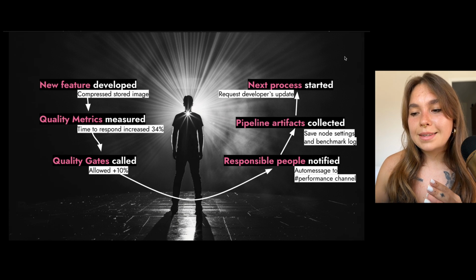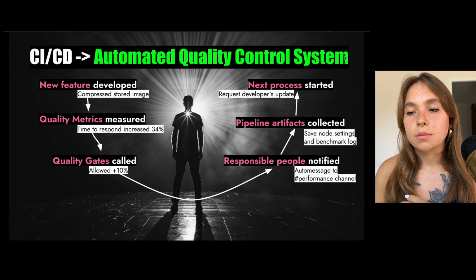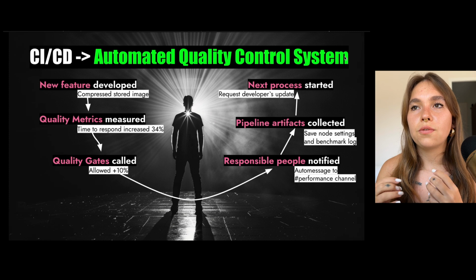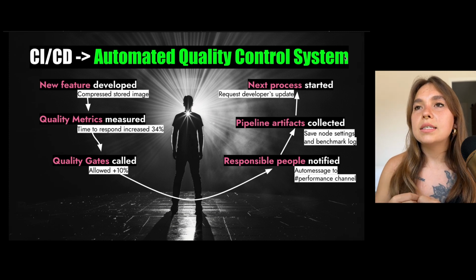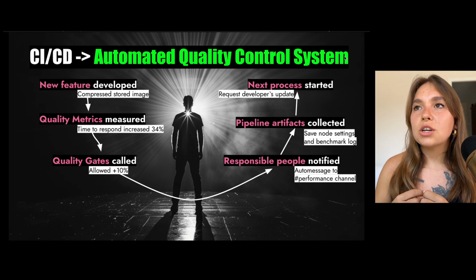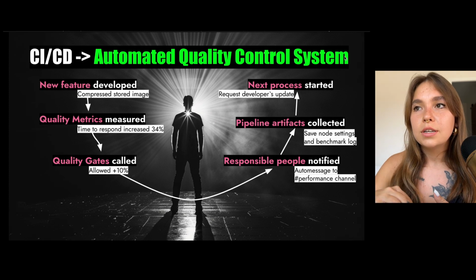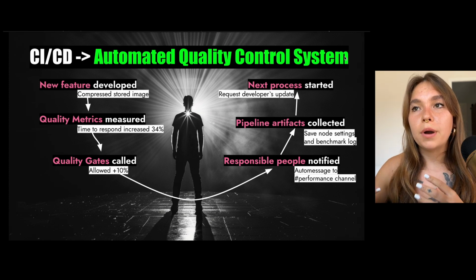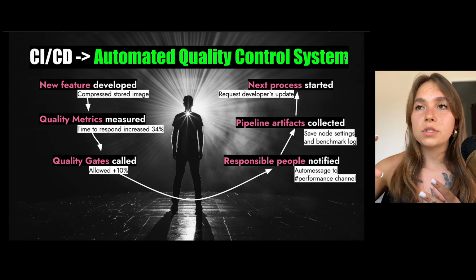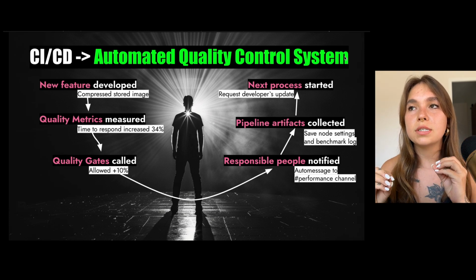And this type of process we can call an automated quality control system. So it's not just unit tests and green or red, failed or passed, and that's all. It's collecting different metrics, and we actually have to invest a lot of time beforehand to set up this type of pipeline, because it requires a really good understanding of all possible processes in the team and all connections between these processes.